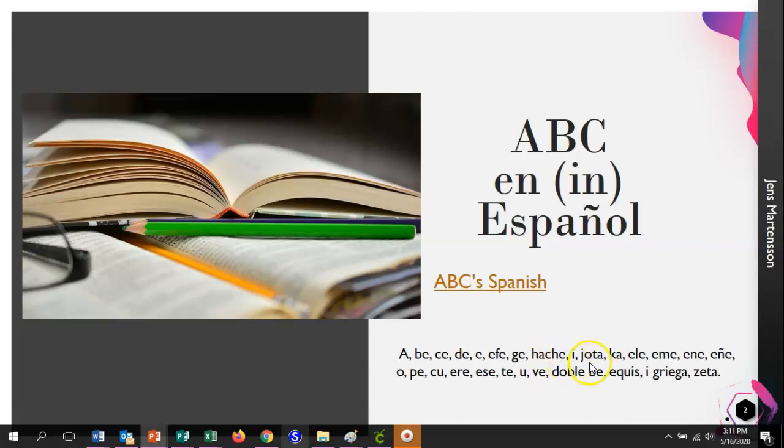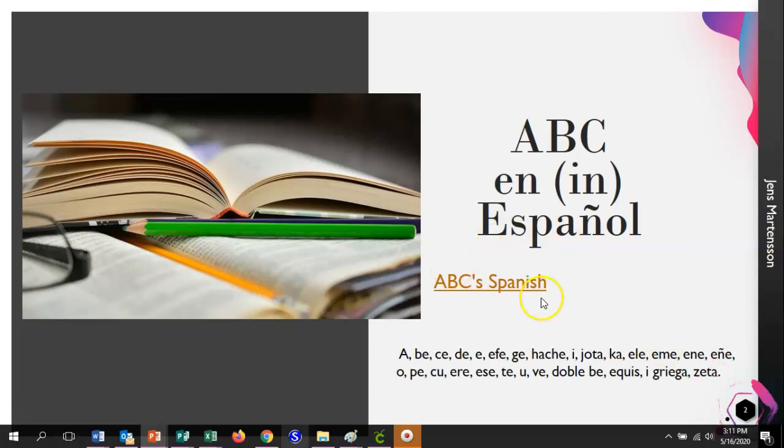I, J, K, L, M, N, and then Ñ. Ñ being this right here. O, P, R, S, T, U, V, W, X, Y, Z. And, of course, we're missing the double L, which is J.